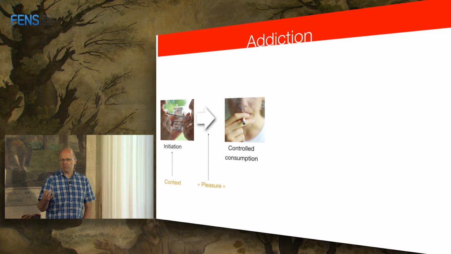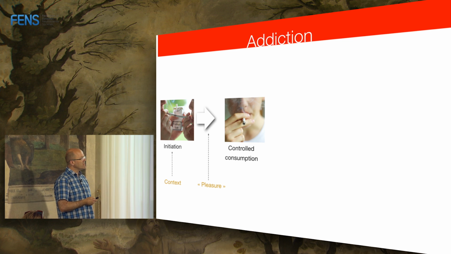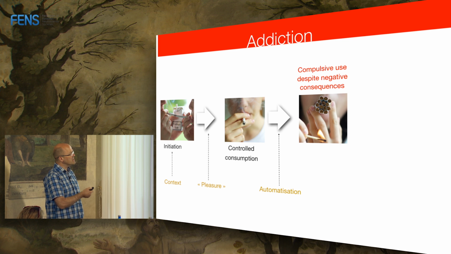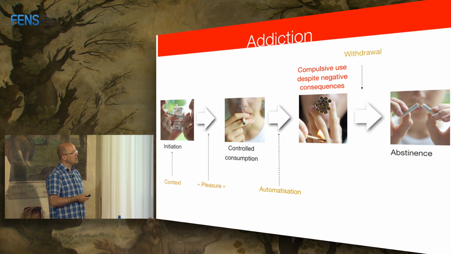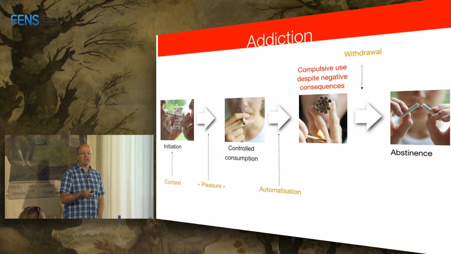Sometimes people call this the honeymoon phase of drug addiction. But obviously, when we turn into the compulsive use despite negative consequences, we have this automatic use that may be totally dissociated from any pleasure. We know that while it is difficult, some can actually withdraw, they become abstinent, but we also know that even after prolonged periods of abstinence, there is a risk for relapse.